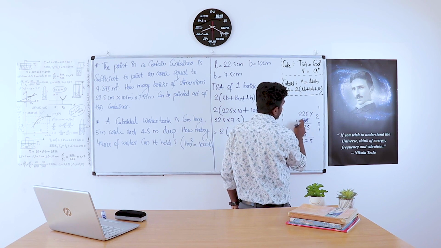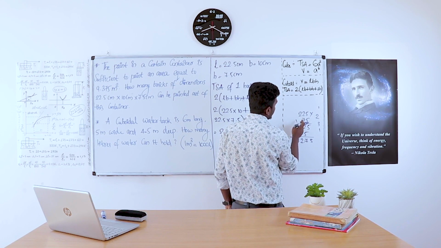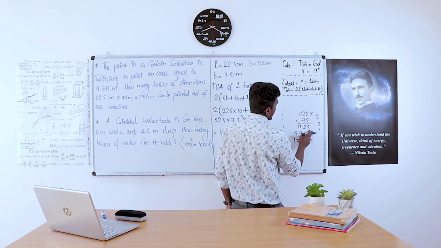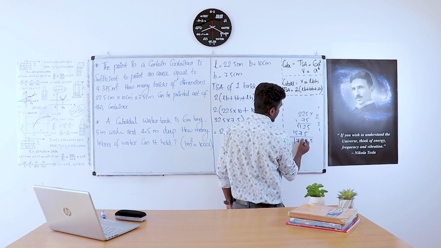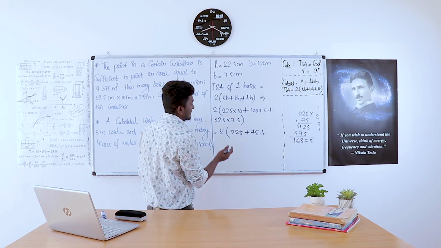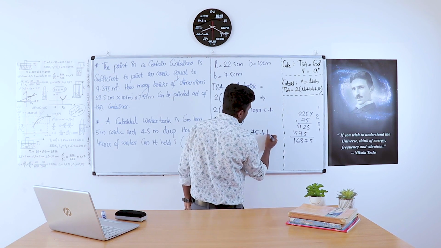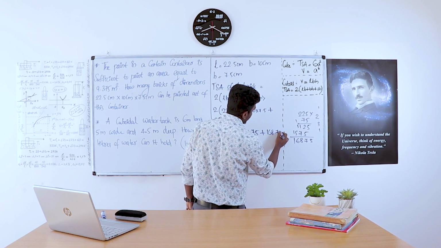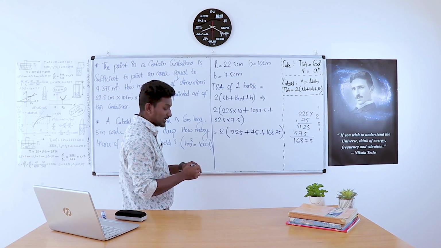Remainder 3. 7 into 2, 14. 14 plus 3, 17. Remainder 1. 7 into 2, 14 plus 1, 15. Now 5. 5 plus 2, 7. It becomes 7 plus 1, 8. 5 plus 1, 6. Now adjust the points. We have 2 decimal points, so it becomes 168.75.